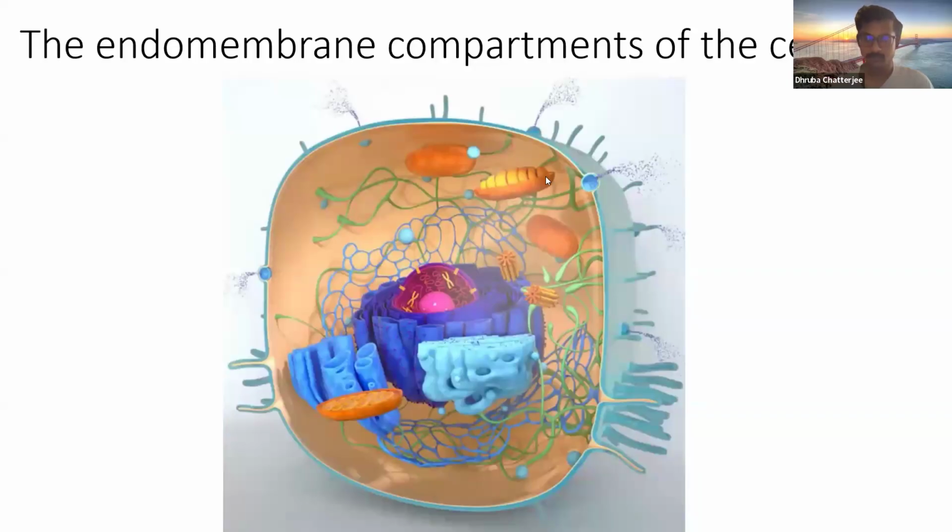As we go forward, we will see one unifying mode of operation: these intracellular membrane-bound compartments have various different sets of proteins and biomacromolecules, and in many cases various different environments.